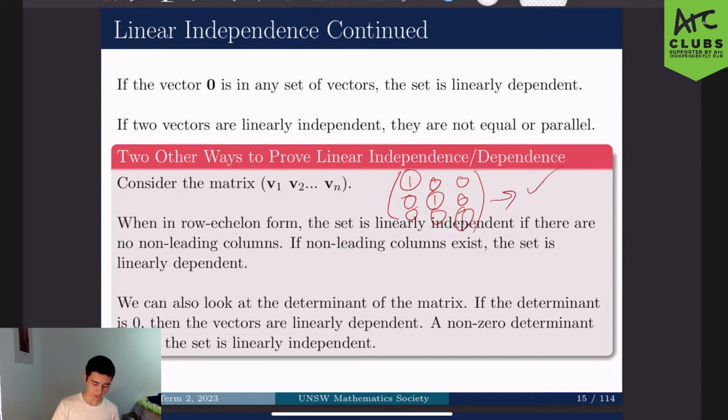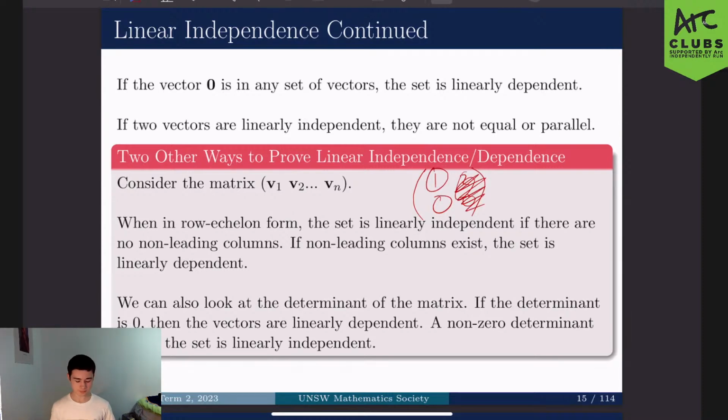We're happy with that. However, if we instead have something like this, oh, we only have one leading column, this one is not leading, okay? Since it is not leading, it is a dependent set, okay?